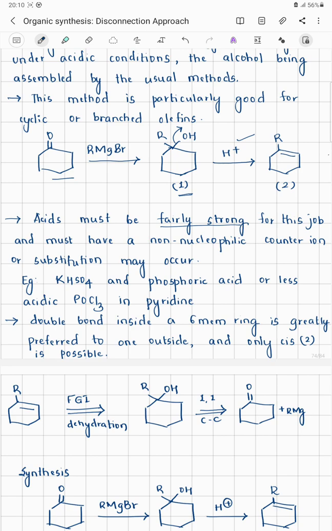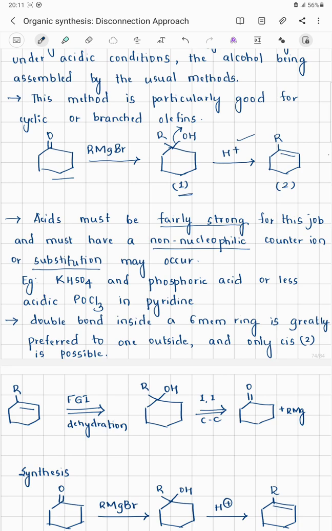So that should not happen. Substitution must be avoided and there should not be any nucleophile in the system. Hence a non-nucleophilic counter ion should be present, so that alkenes can be synthesized easily. Examples of such acids are KHSO4, phosphoric acid, and POCl3 in pyridine.